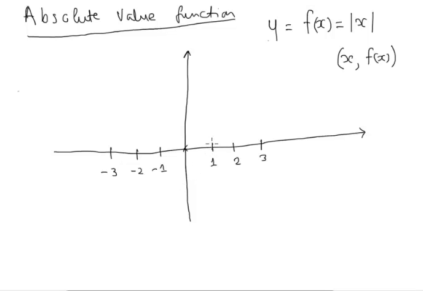Then if we go to 1, absolute value of 1, what will be the value? Absolute value of 1? So which means we've got a point there, which is 1, 1. If we go to minus 1, we'll say absolute value of minus 1, and we go according to that formula: is minus 1 greater than 0?